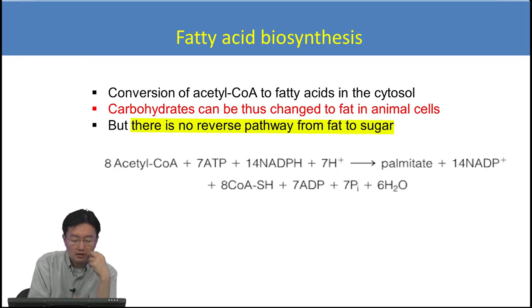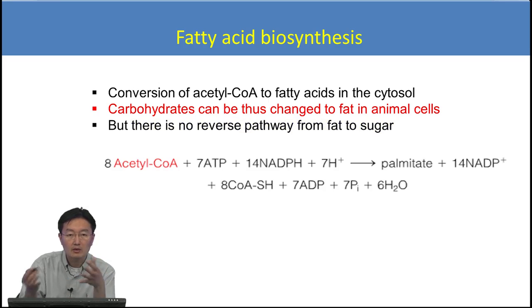So overall, the biochemical formula is like this. The main building block for fatty acid biosynthesis is acetyl-CoA. This is a biosynthetic process, which is endergonic. It needs a lot of free energy, so we have to consume ATP, and this is a reductive process, so we need electrons.